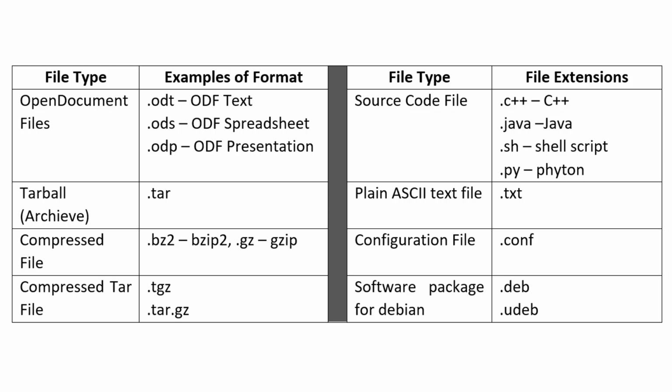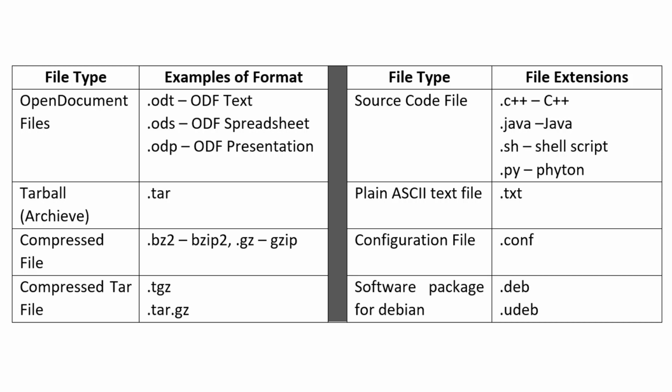Let's move to the right hand side, showing the source code files. These are similar across platforms because they are based on the language, so we have .c++, .java, .sh, .py, depending on the language. For a plain ASCII text file, it's normally .txt, similar to what we have in Windows.